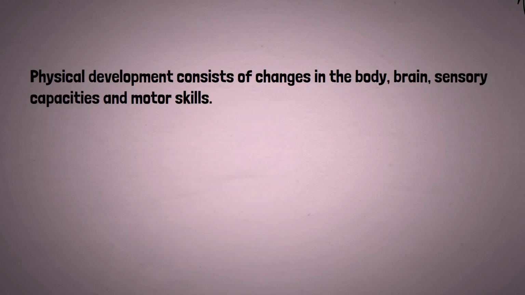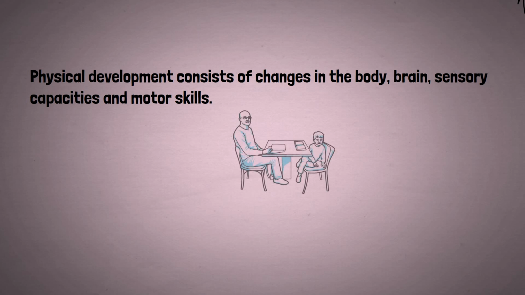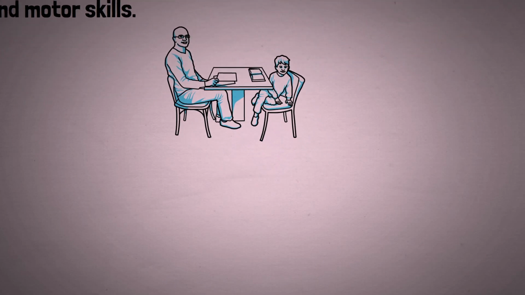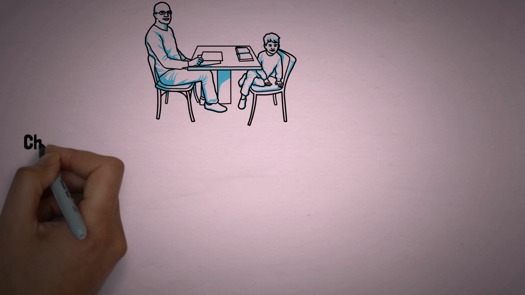Then there is intellectual development. Here we're interested in what are the changes in mental abilities, such as learning, memory, reasoning, thinking, and language. A 2-year-old obviously does not think like a newborn. A 2-year-old does not think like a 4-year-old. A 4-year-old does not think like a 12-year-old. A 12-year-old does not think like a 21-year-old.